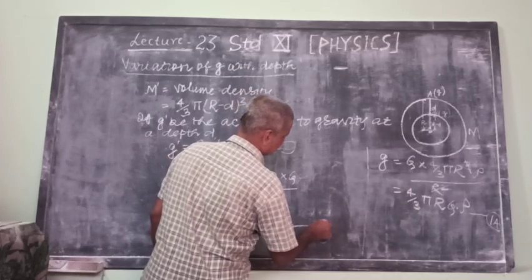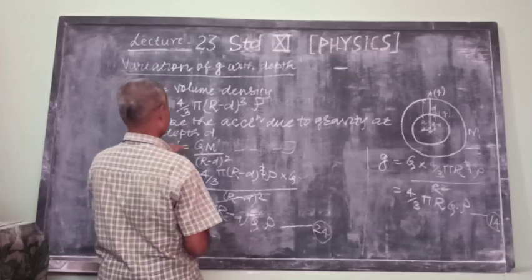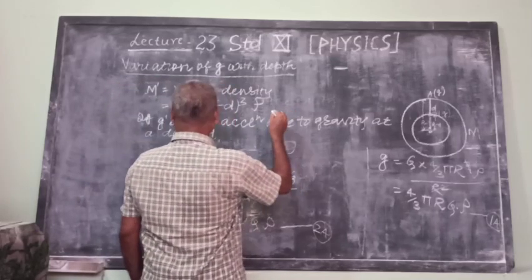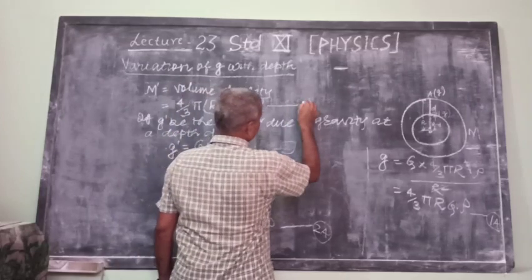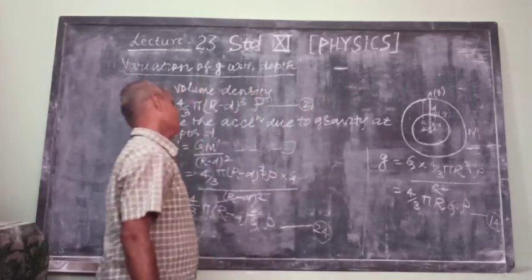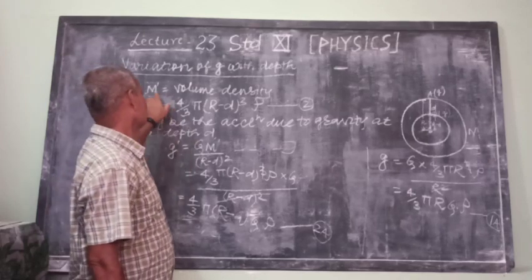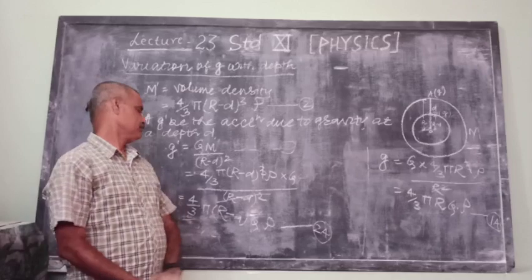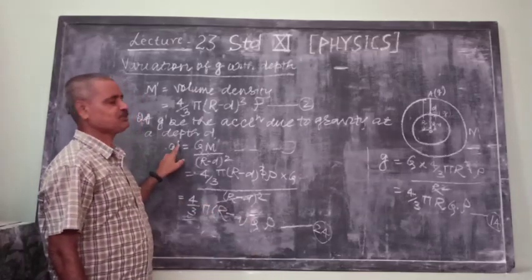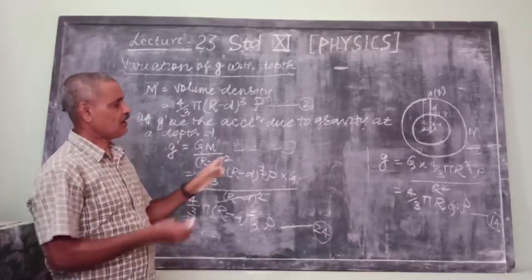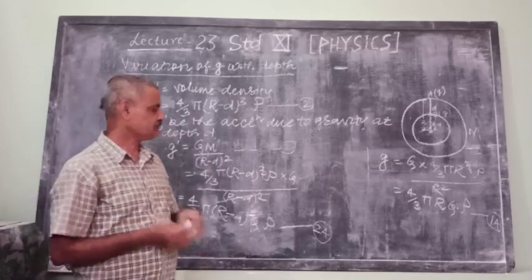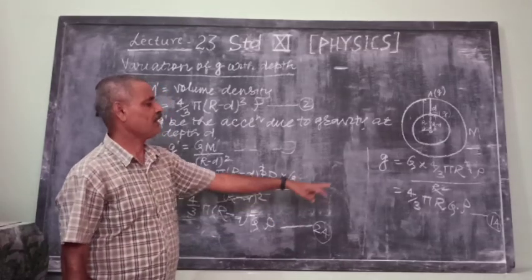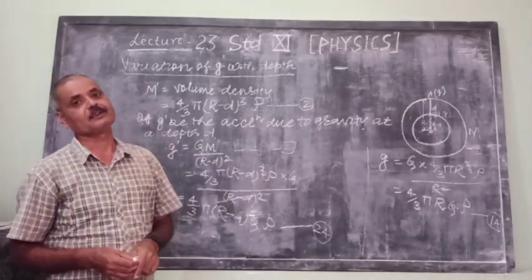So what is your second equation? Suppose it is equation 2, and we have used this value in this equation, and this is 2a. Means this equation gives g dash. Now we can divide equation 2a by equation 1a.